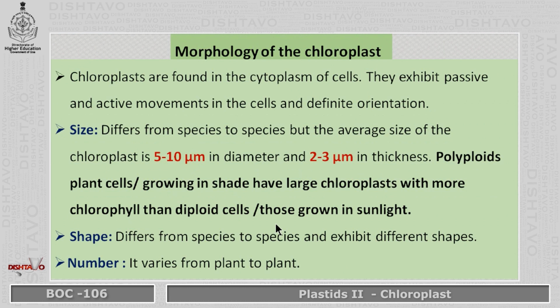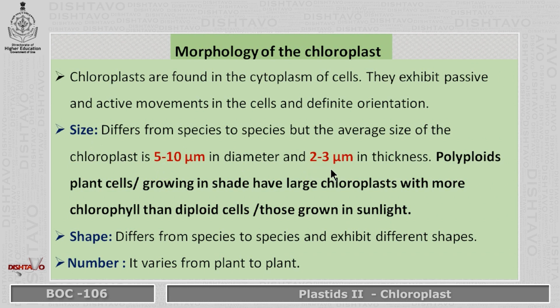Now if we see the morphology of the chloroplast, they are found in the cells. They exhibit passive and active movements and a definite orientation depending upon the plant species. The size differs; chloroplasts have a diameter ranging from 5 to 10 microns, and the thickness may be 2 to 3 microns.